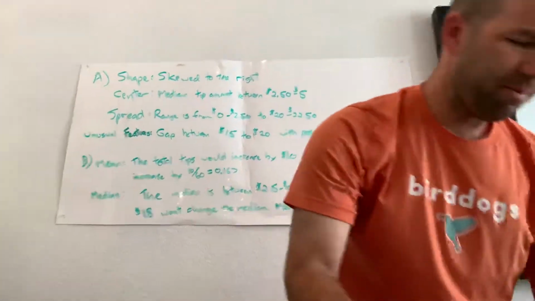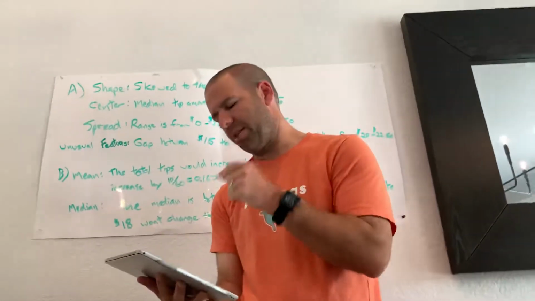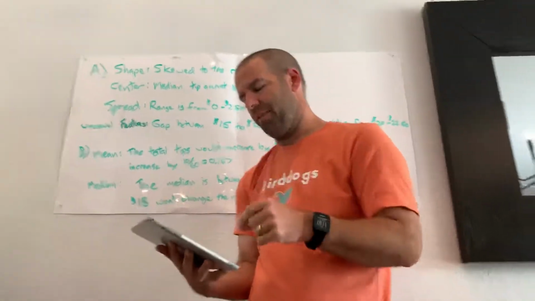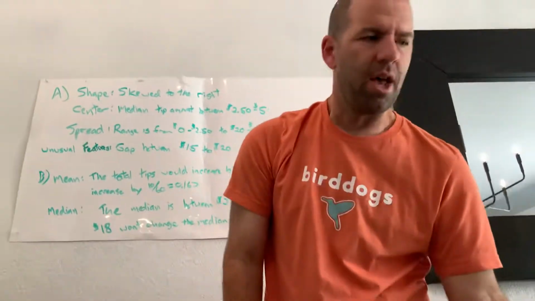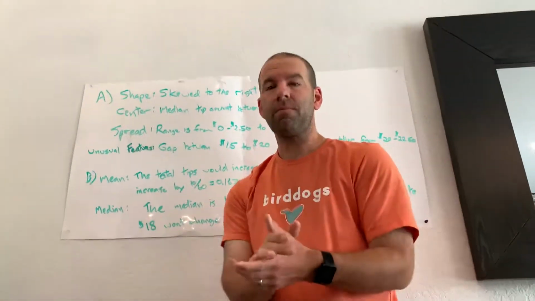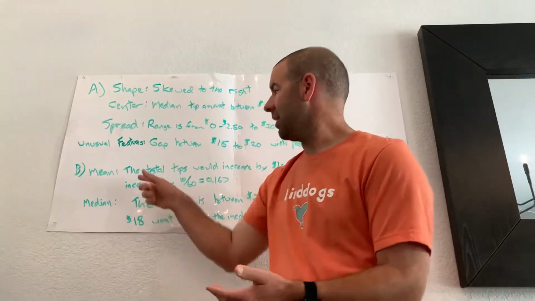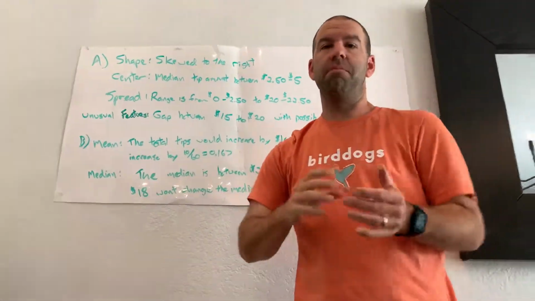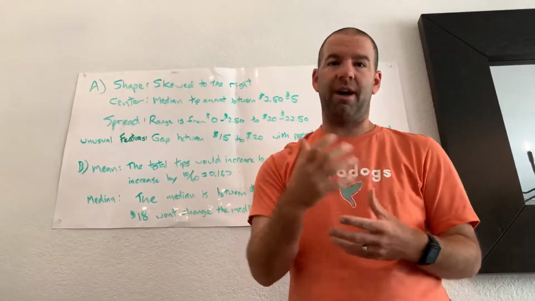The second question says, if an $8 tip had gone to an $18 tip, how would that have affected the mean and the median? We justify our answer. First, the mean. The total tips would have increased by $10, because the mean is you add it all together and divide by 60.